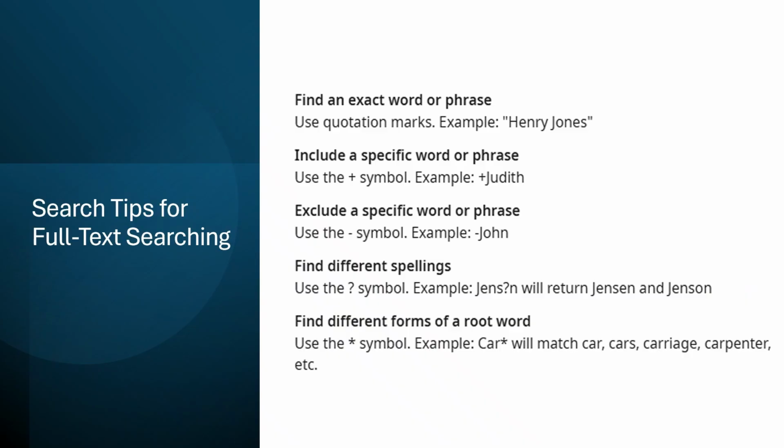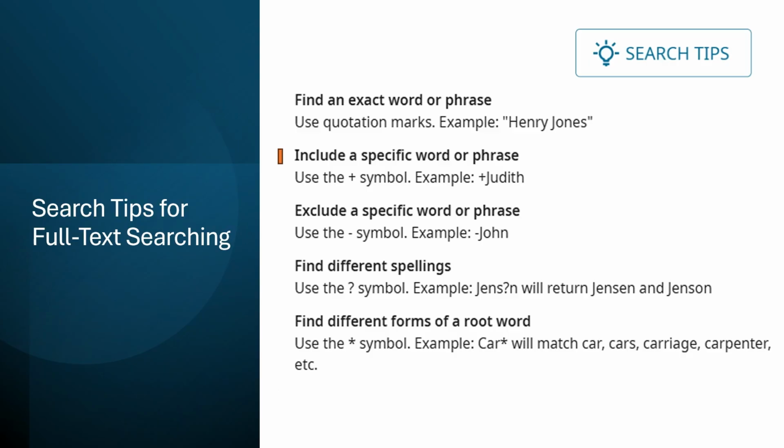For clarity or more explanation on searching tips, I do recommend clicking this button called Search Tips whenever you see it on the catalog's website. It displays these tips right here that break it down very well. As I stated before, you can put your word or phrase like Henry Jones in quotes, and your search results will include all images with the phrase Henry Jones and every character between those two words, like let's say Henry W. Jones.